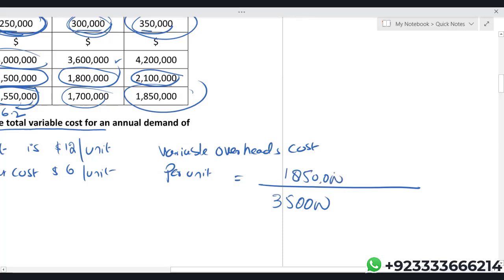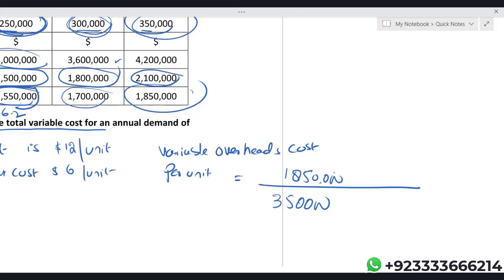First check what is the cost at the highest activity level. In this question, the highest activity level is 3,50,000 units, and overheads are 1.85 million.